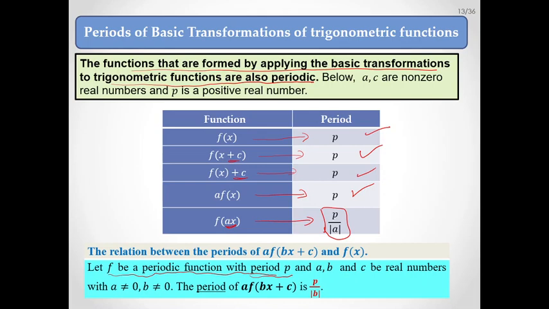So multiplying the function doesn't change the period, and adding c to x doesn't change anything, but multiplying x with b makes the function's period divided by b. We will use that in the following example.